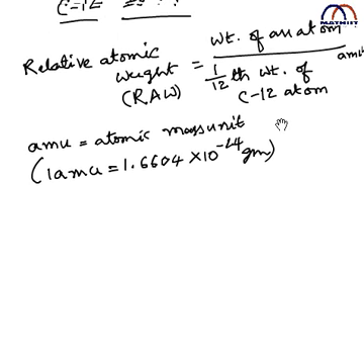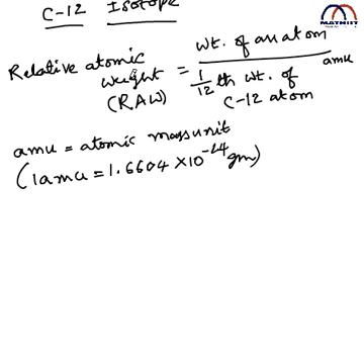Now let us come back to the relative atomic weight. What is it indicating? Relative atomic weight indicates the weight of a single atom expressed in AMUs, which is nothing but how many times it is heavier than 1/12th the weight of a C12 atom, or how many times it is heavier than 1 AMU.